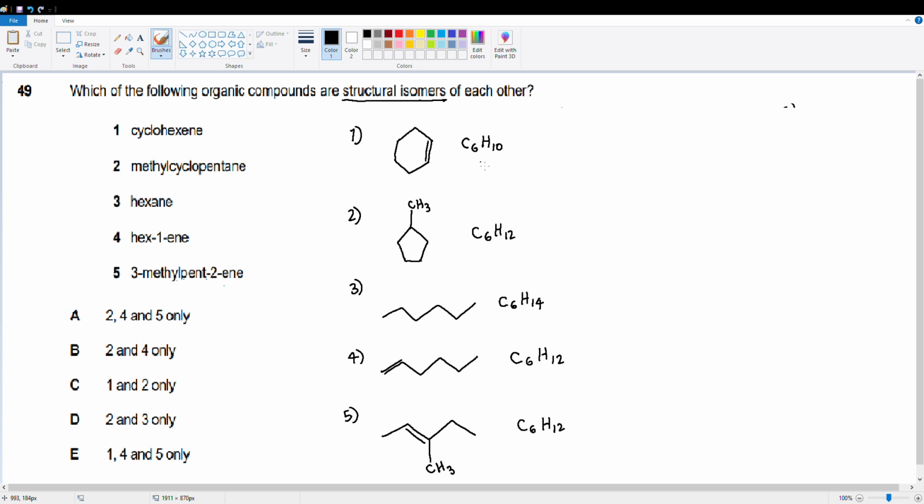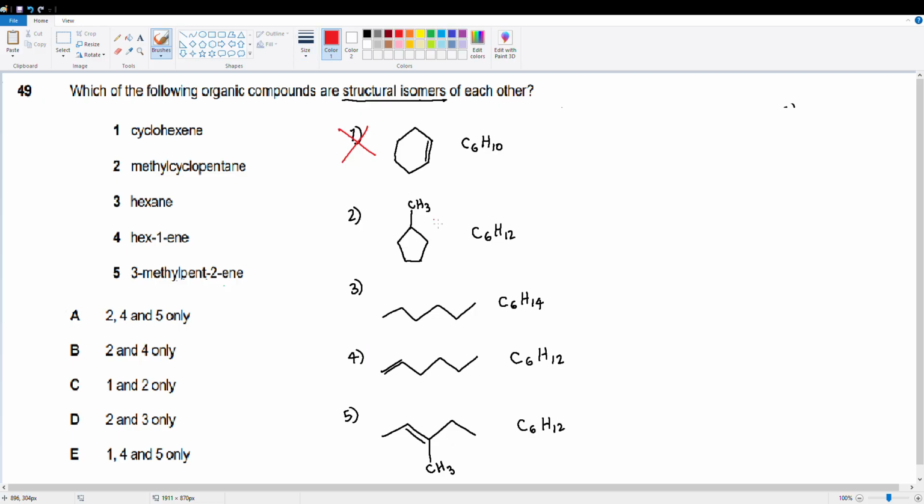So now we've drawn the skeletal formula for each of these 5 compounds in the given list, and we also have the chemical formulas. Now we can deduce which of these are structural isomers of each other. For the first one, it's C6H10. In the other 4 options, none of the compounds has this formula, so we'll leave this out.